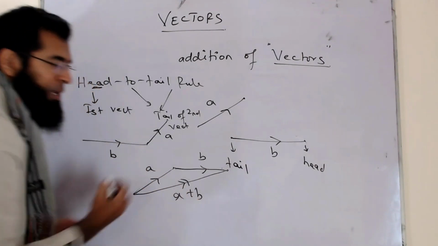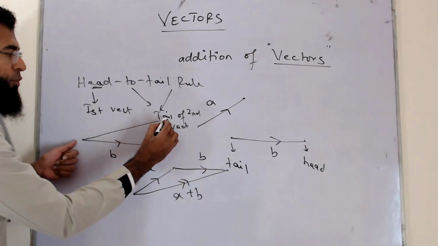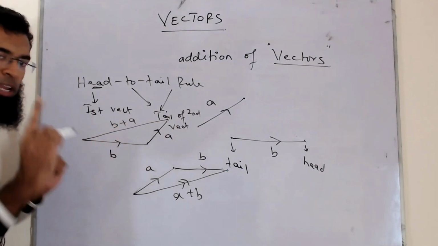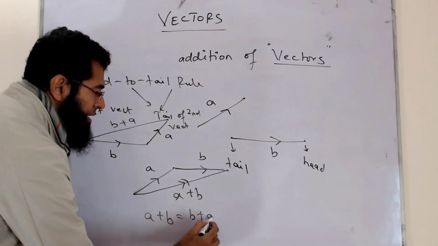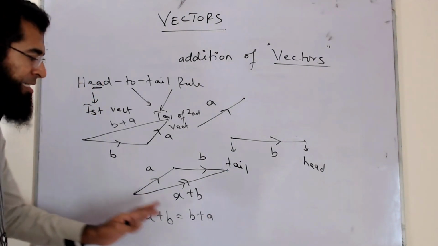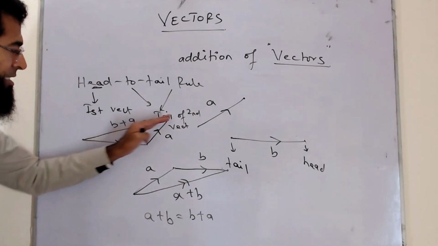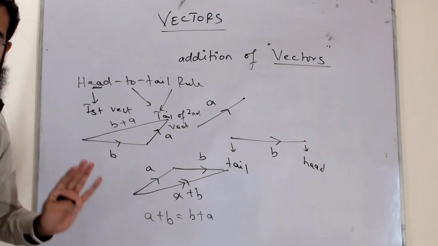So this will be A plus B. And similarly, you standing here, you want to reach here. So what is this? This is B plus A. So please remember that A plus B is equal to B plus A in addition of vectors. That is exactly the same. Direction, you notice, is exactly the same, right? So A plus B or B plus A, it is exactly the same.